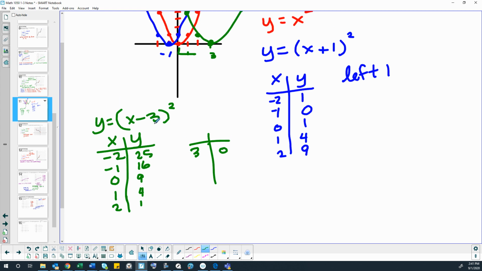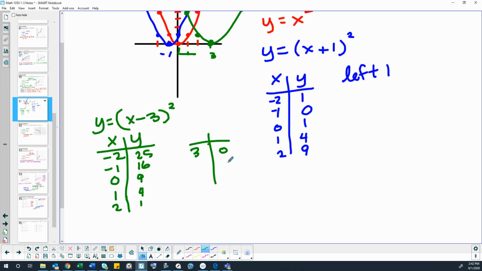So -2 minus 3 is -5 squared is 25, -1 minus 3 is -4 squared is 16, 0 minus 3 is -3 squared is 9, 1 minus 3 is -2 squared is 4, 2 minus 3 is -1 squared, which is 1. That didn't really give us a whole complete picture, so then I kept going.